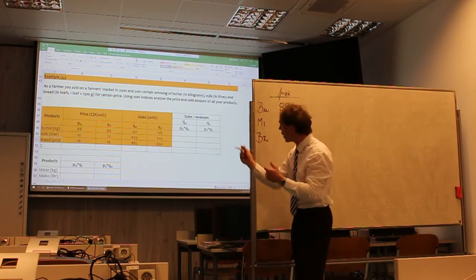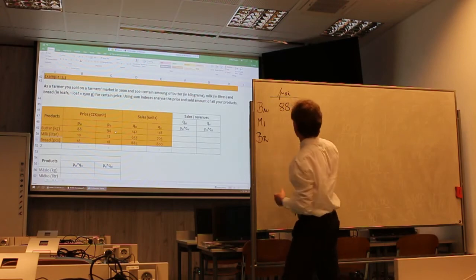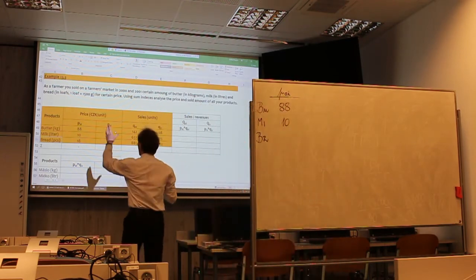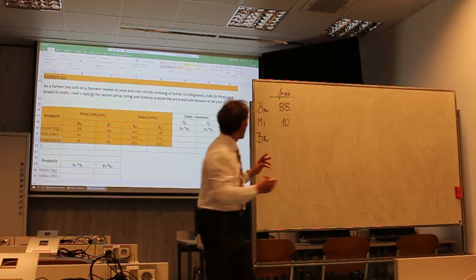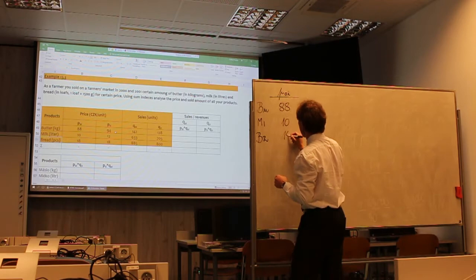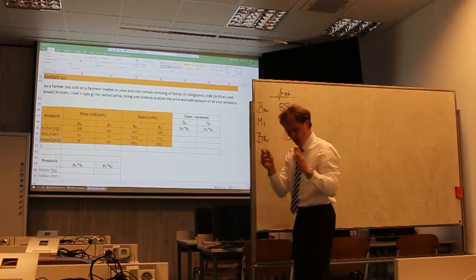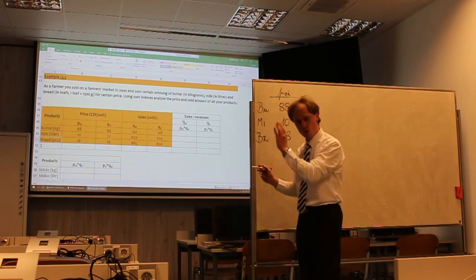Now we don't have Norwegian crowns, we have Czech crowns. 10 Czech crowns was the price of 1 liter of milk in year 2000. And 18 Czech crowns was the price of 1 loaf of bread in year 2000.